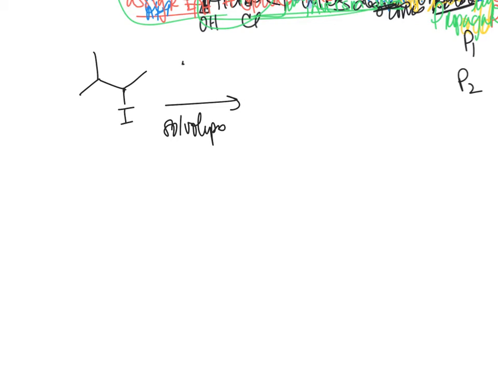So let's put this in methanol. Okay, let's just actually do this. Okay, so this is your molecule. So what happens here is you have a good leaving group. You have a secondary alkyl halide. So it could do SN1 or SN2, but you have a weak nucleophile.